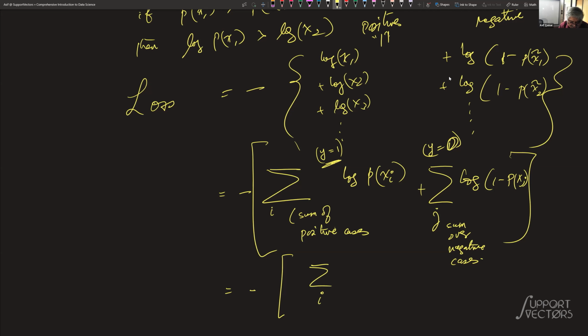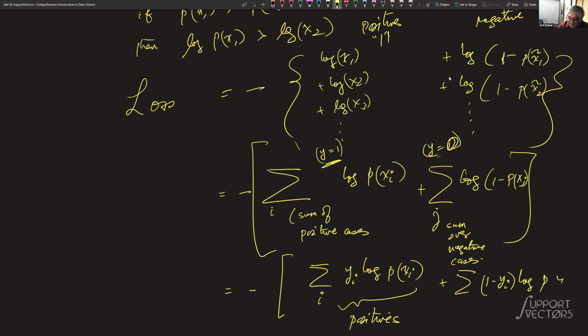You can write it for positive cases as yi, because yi is 1, times log p(xi), plus, for negatives, 1 minus yj, because if y is 0, 1 minus 0 is 1, times log p(xj).